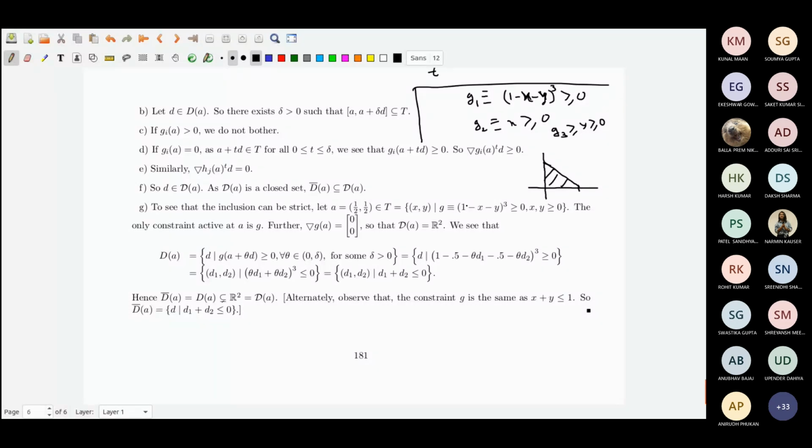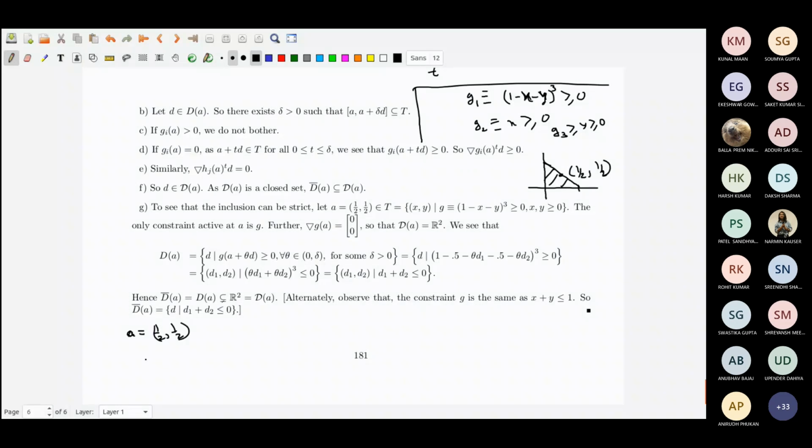Okay. And let me take the point half half. Notice that for the point a equal to half half, what are the active constraints? Only G1.